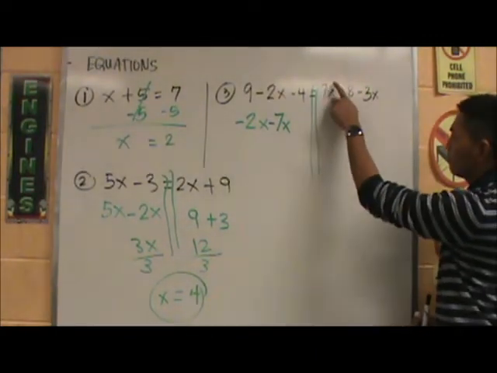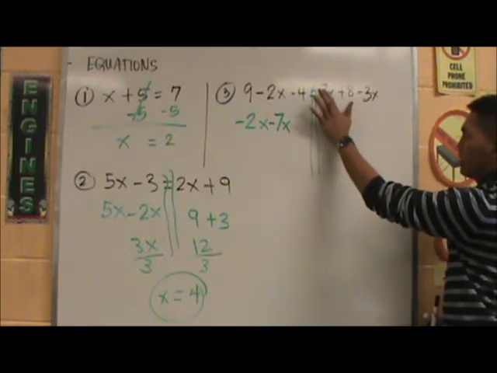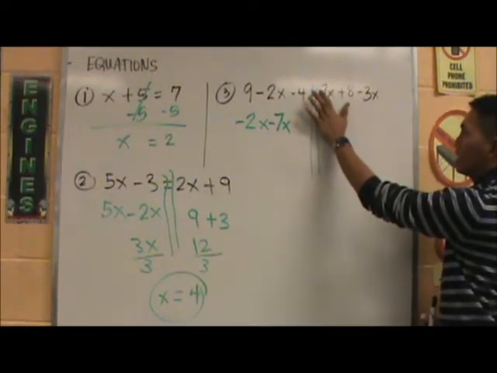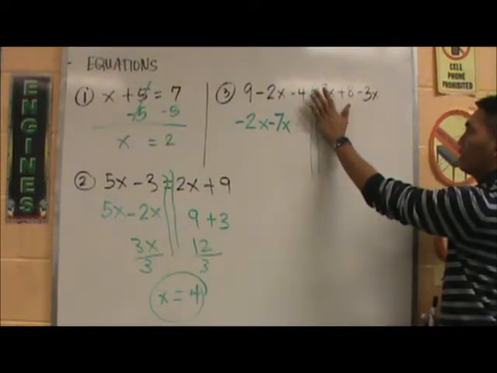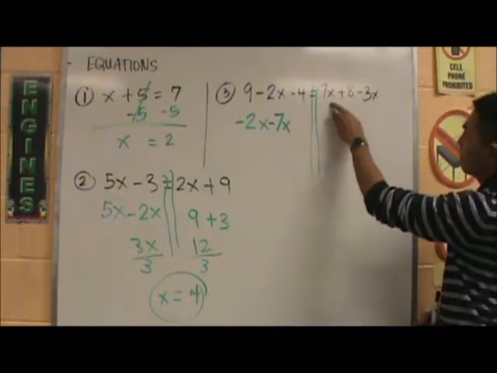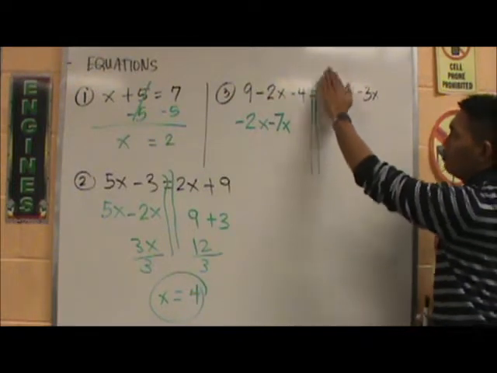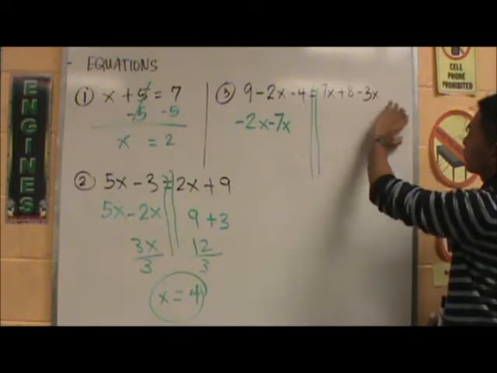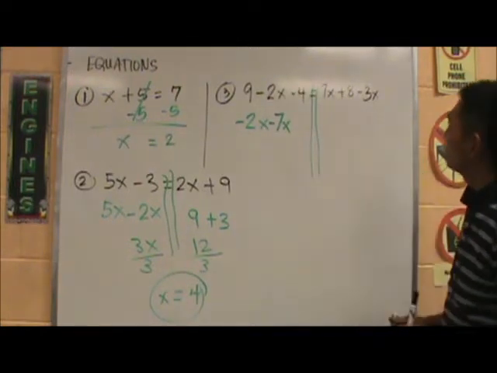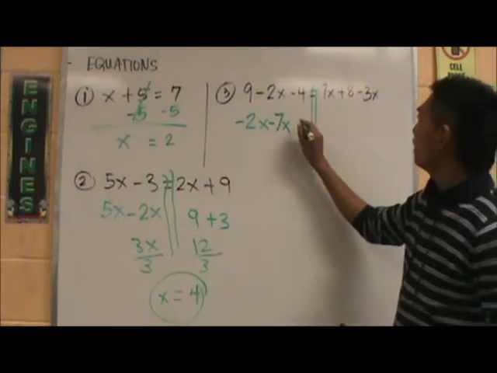See that? As you can see, it doesn't have a positive sign or negative sign in here, but we already know that 7x is positive, so when we move it over, it becomes negative. And that negative 3x, we still need to move over, and that becomes positive 3x.